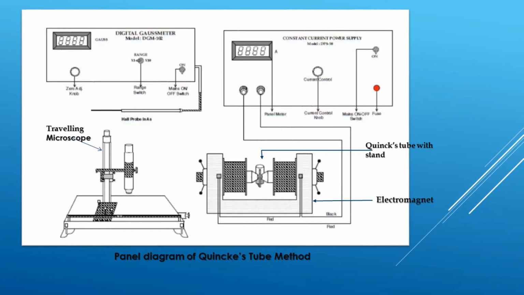Now moving to the experimental part. In this picture you can see a digital Gauss meter, a constant current power supply, a traveling microscope, and an electromagnet and Quincke tube with the stand.